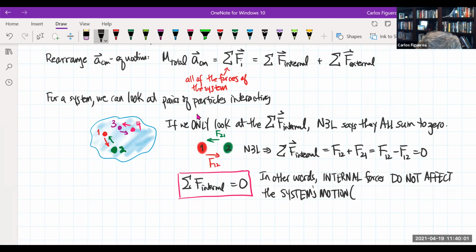Wait, what do I mean by system? Center of mass motion. But external forces will.